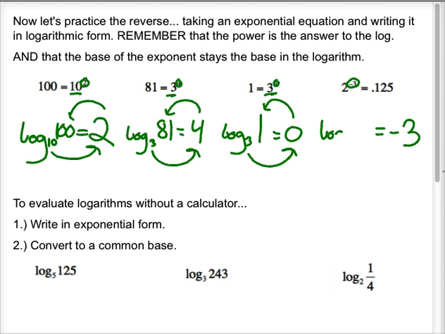My bases are the same, so that 2 is my base, and I'm taking it of 0.125. So what is this saying? 2 to the negative 3rd power is 0.125. So again, I would always use those loops there to double check my work, to make sure that I wrote it properly, because it's easier to see in that direction.